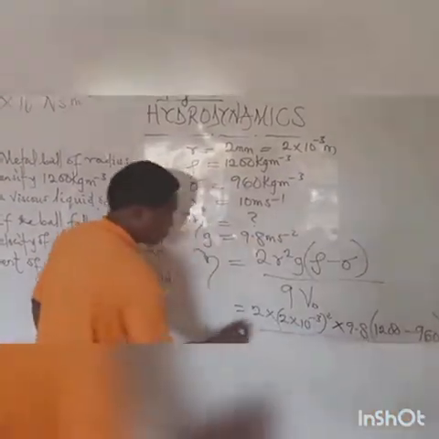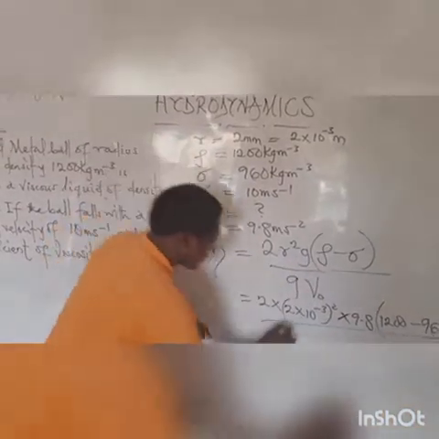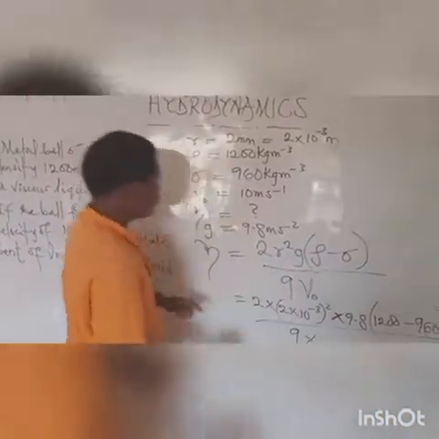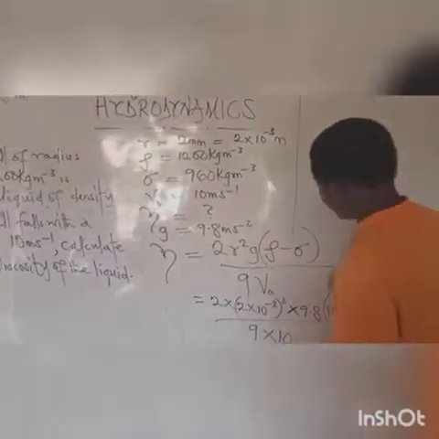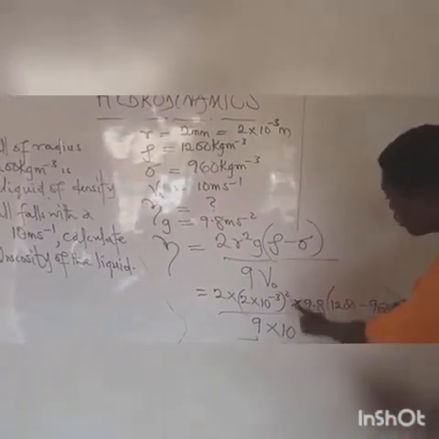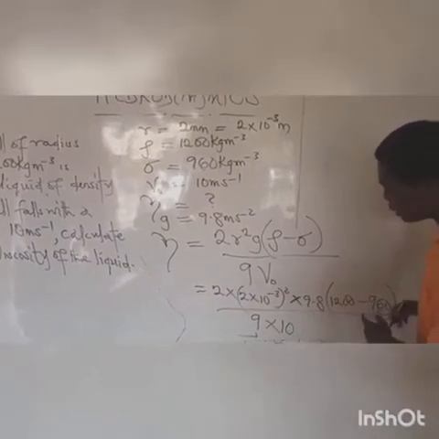all over 9 times v naught, which is 10. By the time we take it into consideration, we are going to solve this arithmetically.